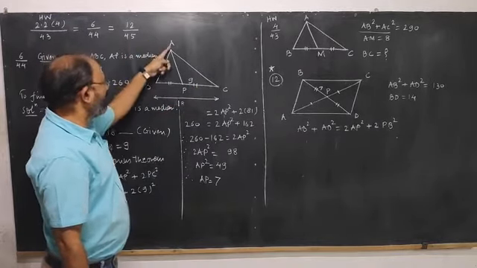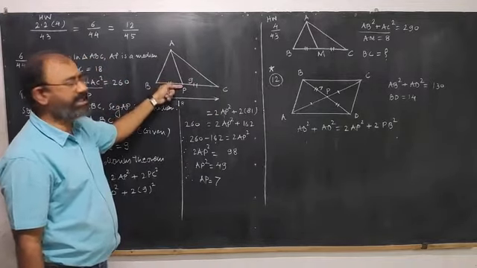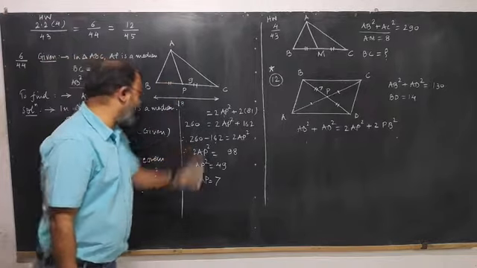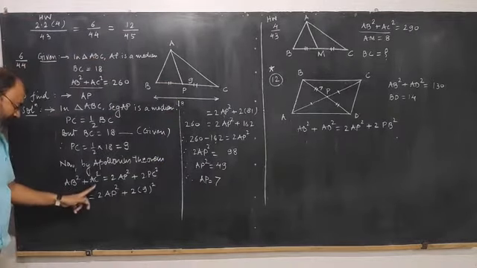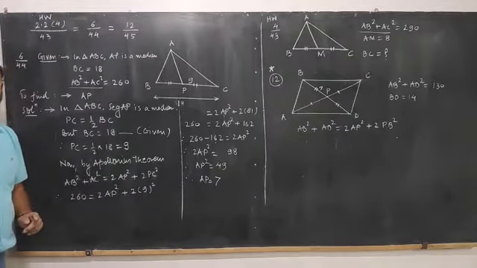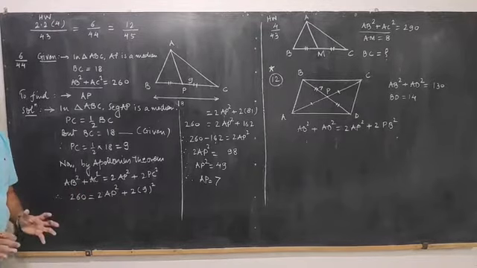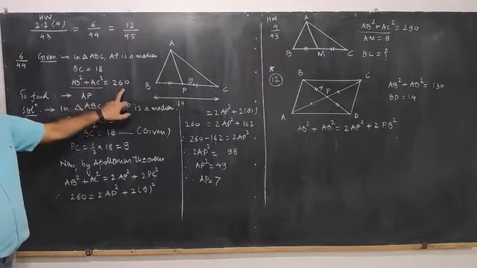AB square plus AC square is equal to twice median square, that is AP square, plus twice PC square. But the left hand side is fully given, 260.